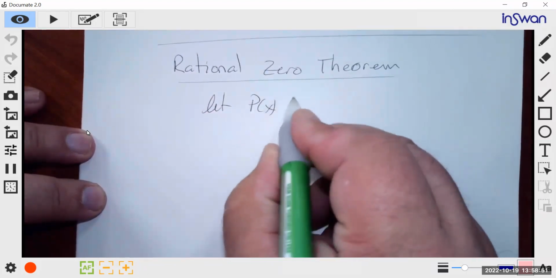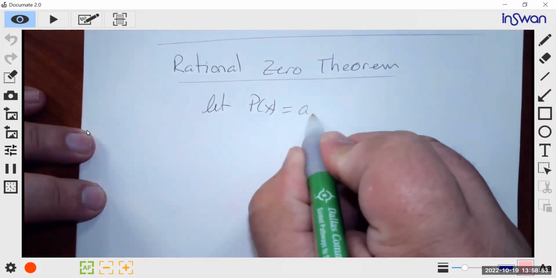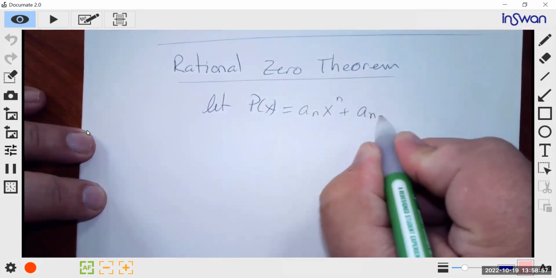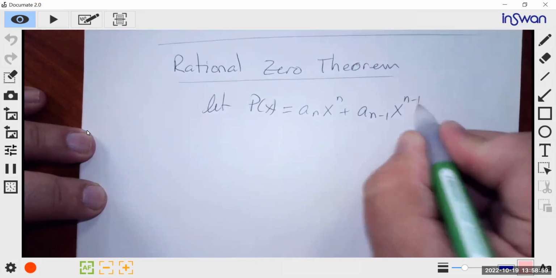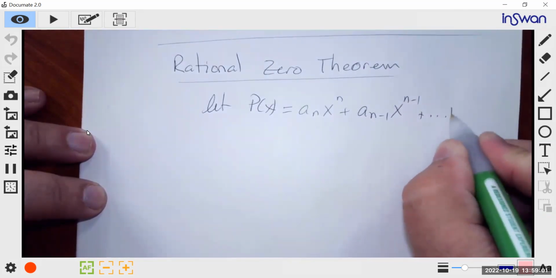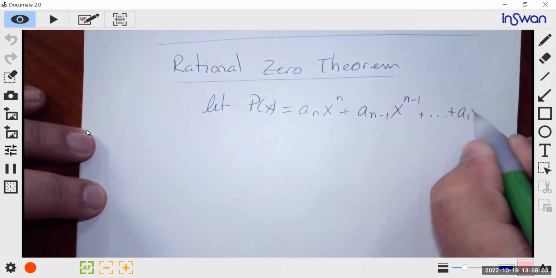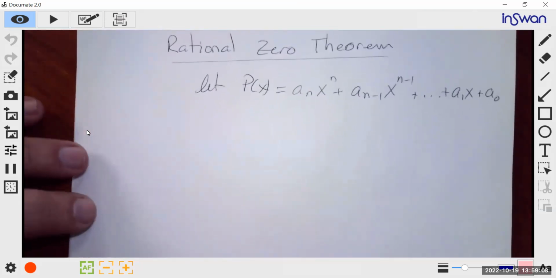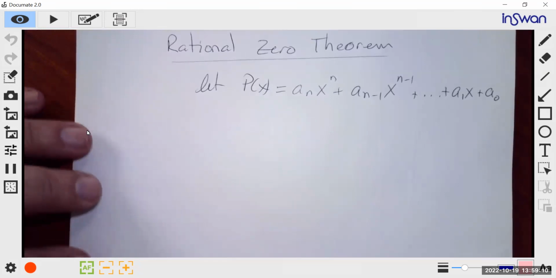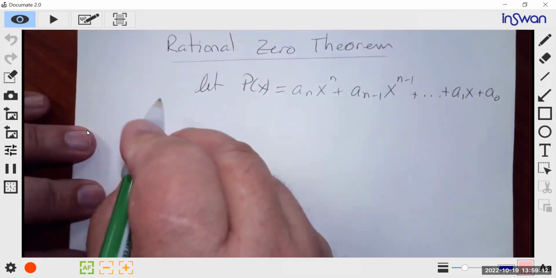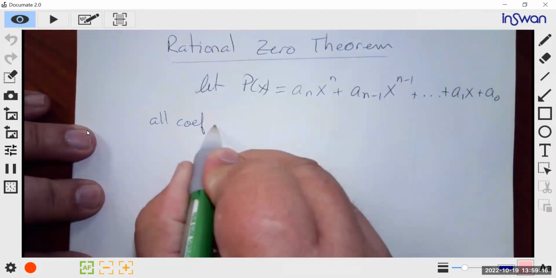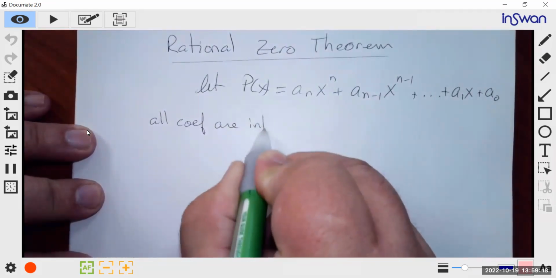Let the polynomial a_n x to the power n plus a_(n-1) x to the power n minus 1 plus dot dot dot a_1 x plus a_0 be a polynomial. All coefficients are integers.